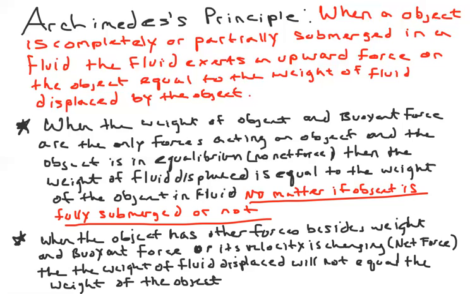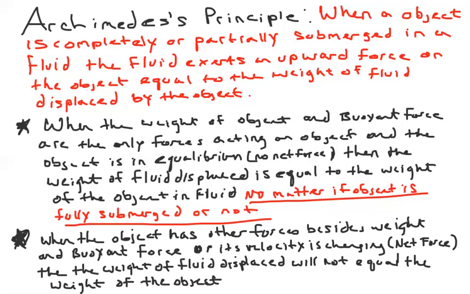And the other thing we have to pay attention to is that when an object has other forces besides weight and the buoyant force, or its velocity is changing, meaning there's a net force, then the weight of the fluid displaced will not equal the weight of the object. So essentially the opposite of what I said before.